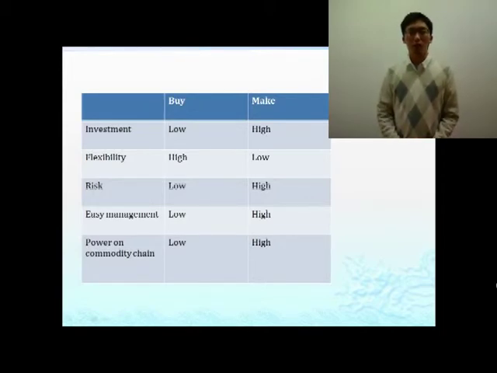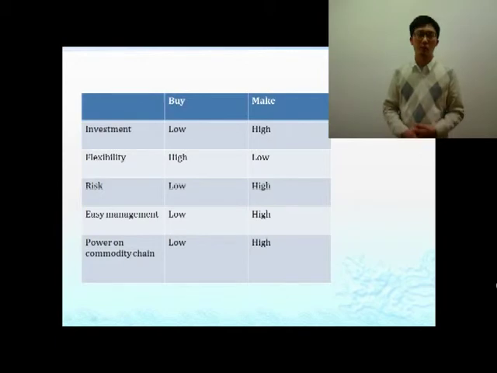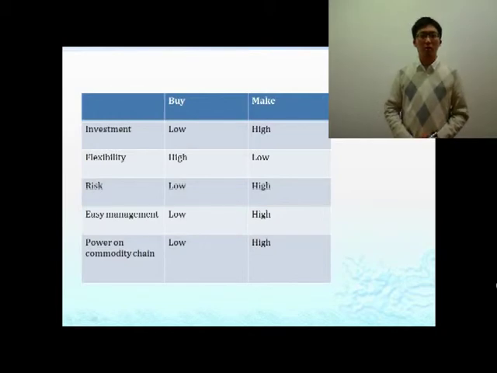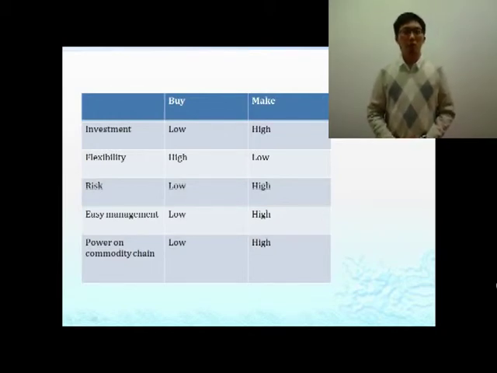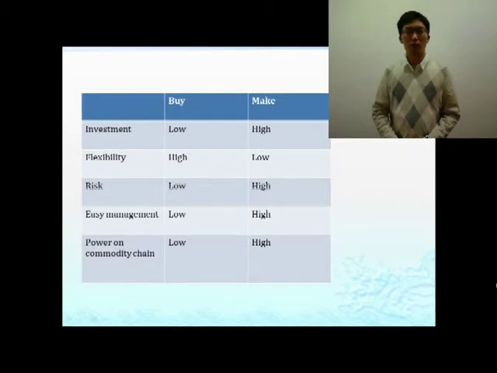On the contrary, if a firm decides to buy, it will provide flexibility to the firm to face the changing environment better. Once consumer needs change, the firm is able to shift its production quickly by changing to a new supplier at a relatively low cost.